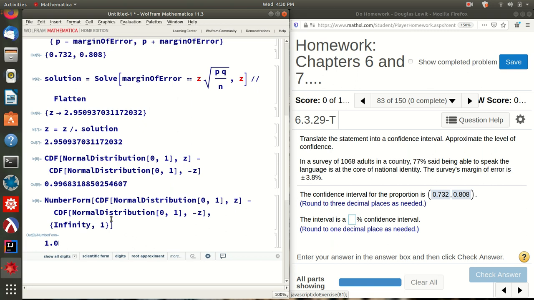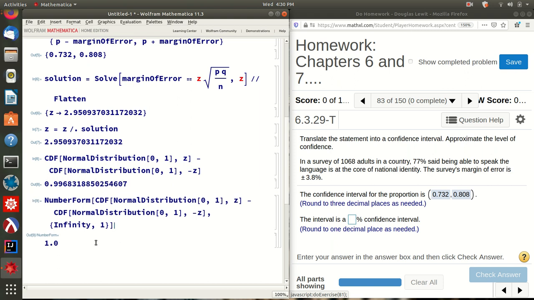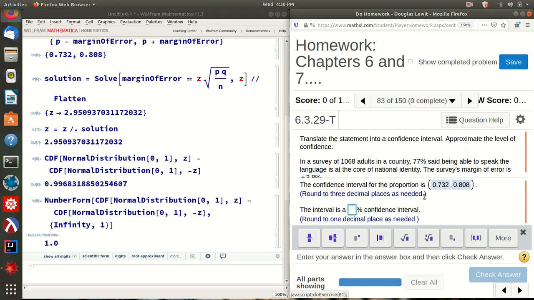So this did a little bit too much rounding. Okay, well, we're going to use this value up here.